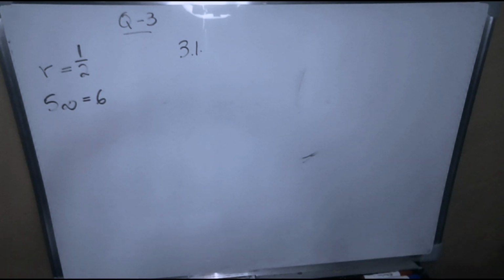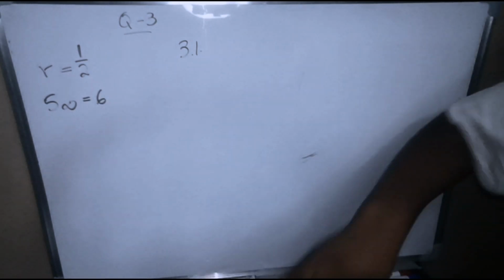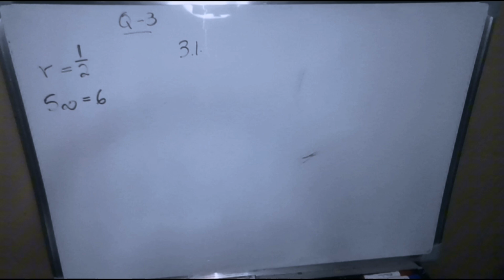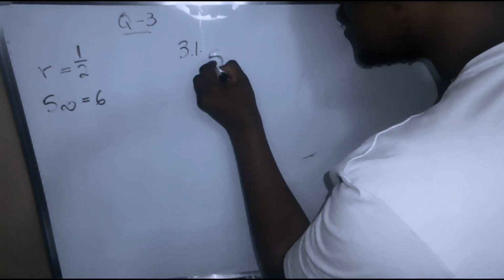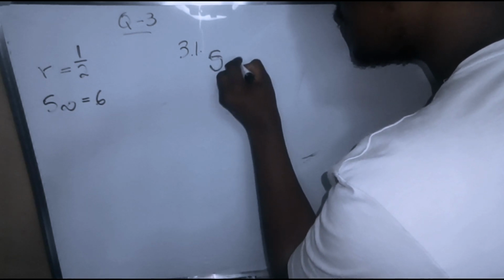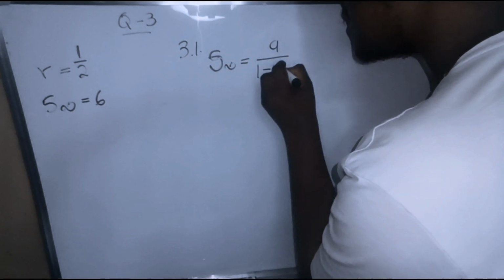We are given the sum to infinity and the value of r. Remember the formula of sum to infinity: it says that the sum to infinity is equal to a divided by 1 minus r.